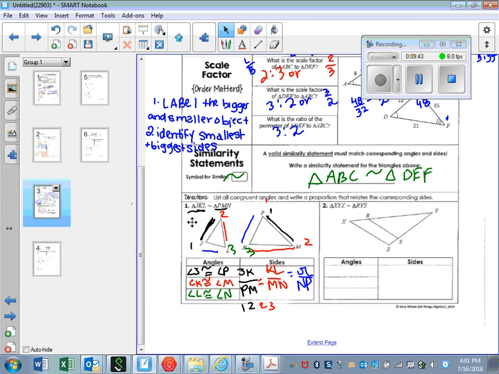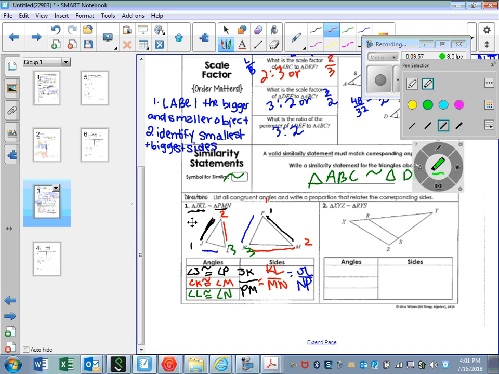If you're confused about what I just did, I got the congruent angles by labeling my similarity statement. This is my similarity statement.